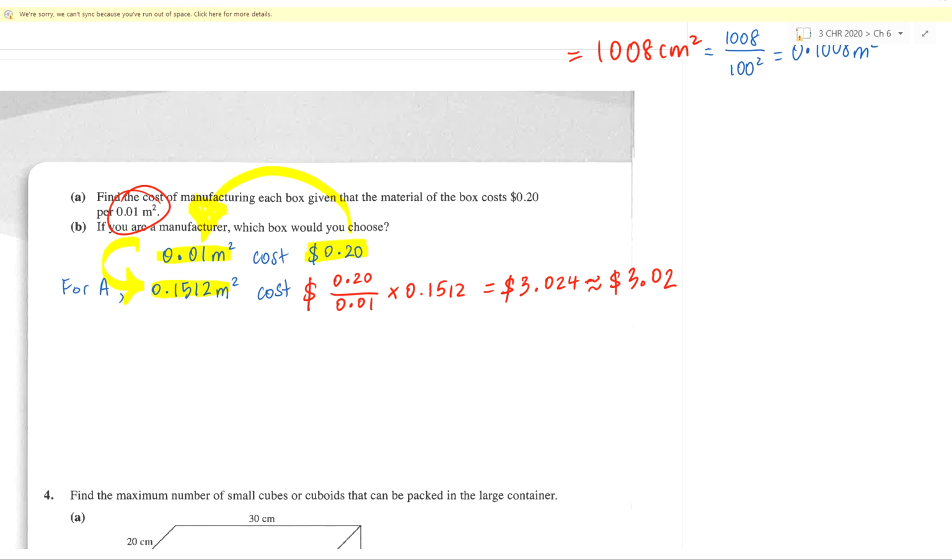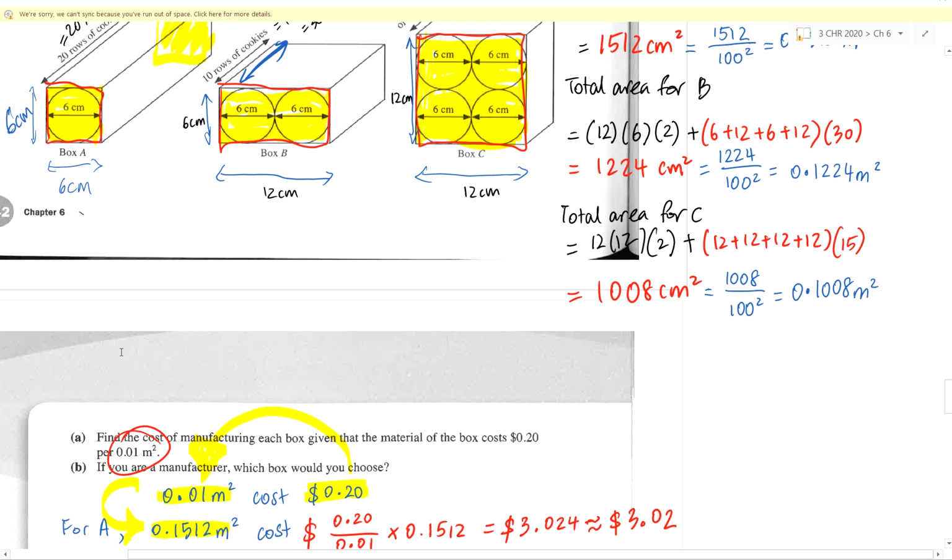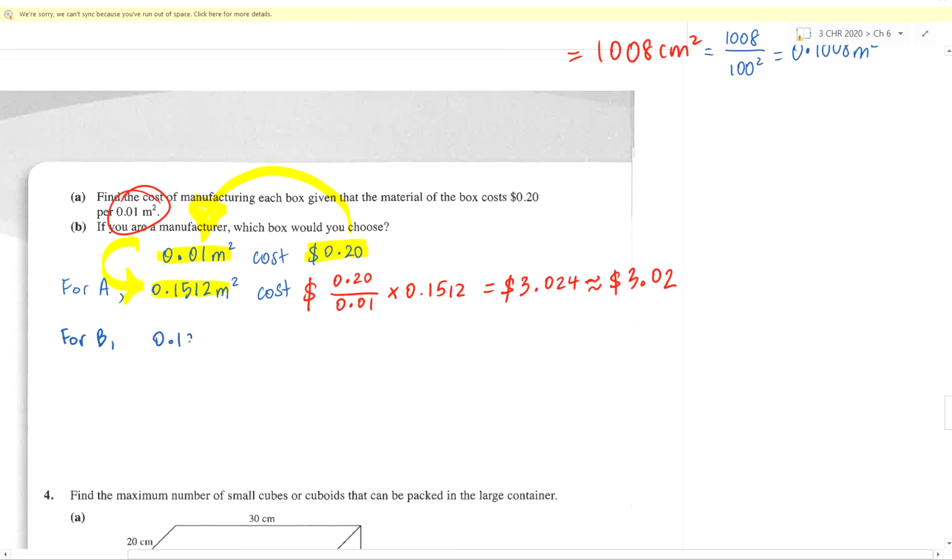Now for B, the area is 0.1224. It will now cost, same thing, 0.20 divided by 0.01 multiplied by 0.1224. So the value is 2.448. Because we are dealing with money, we need to leave it to 2 decimal places. 2.45.